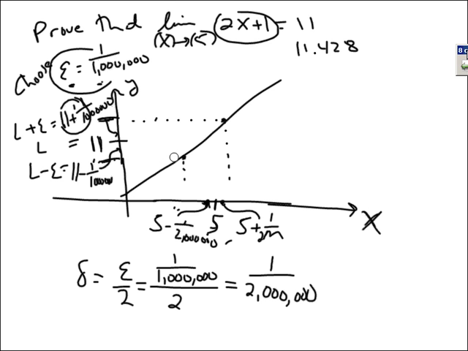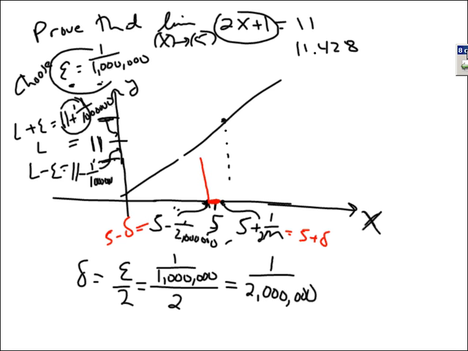And what's happening is that if you look at all of these x values, consider those x values between 5 minus delta and 5 plus delta.